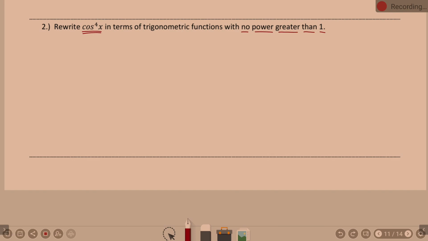That is their way of saying use the power reducing identities. So we're going to take cosine to the 4th x and rewrite it with no power greater than 1. Okay, now, glance up at your power reducing identities.